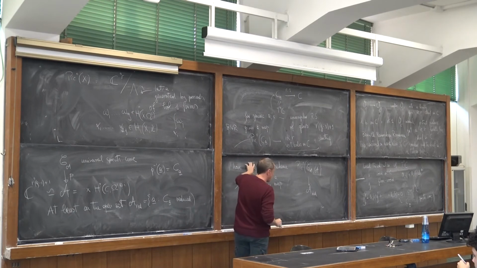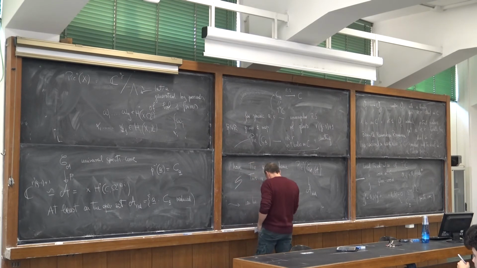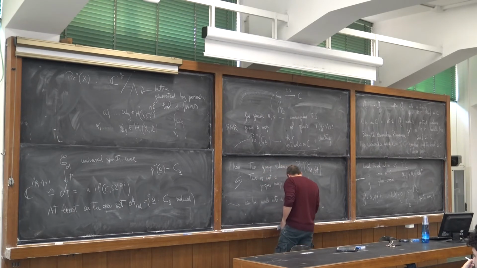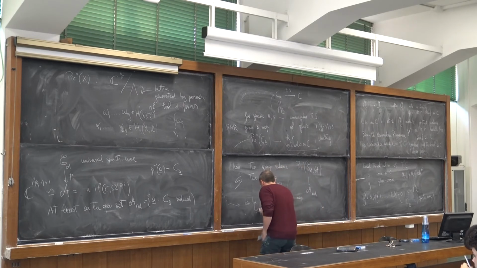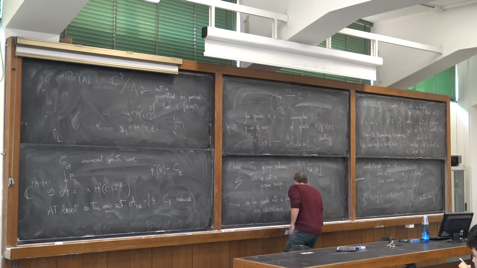But this is a group scheme. And this can be made into a proper map by considering the relative compactified Jacobians.